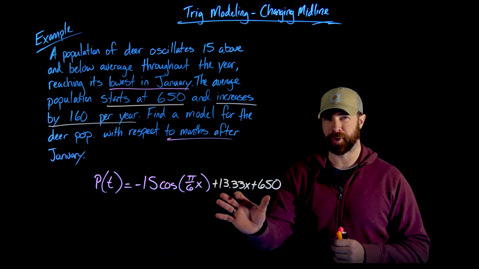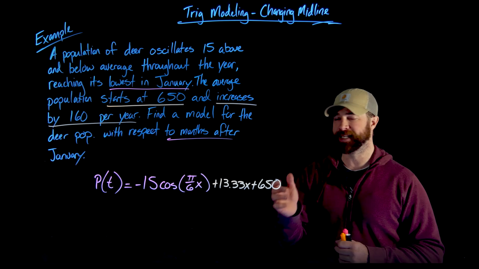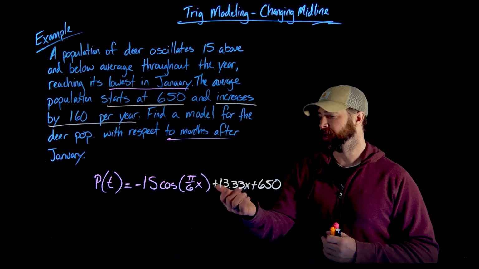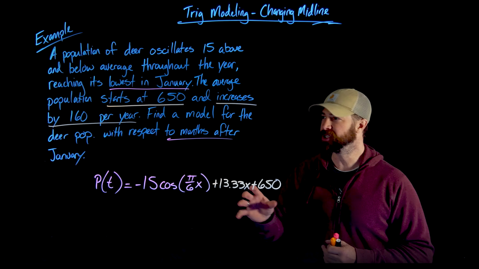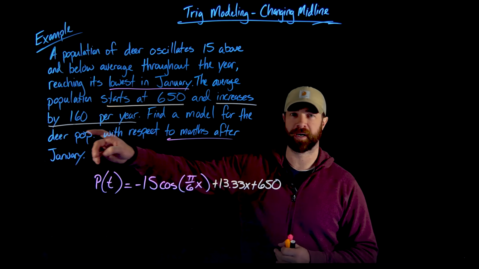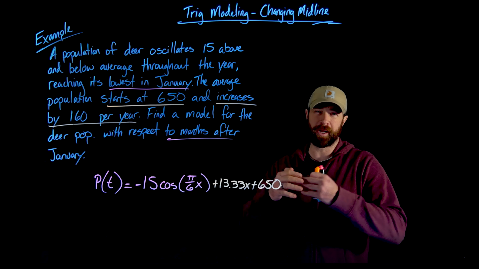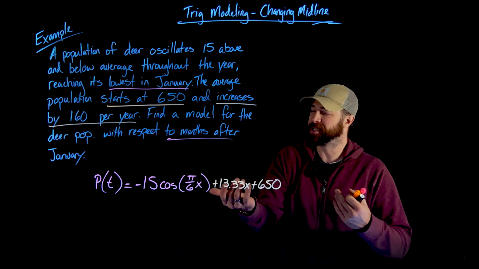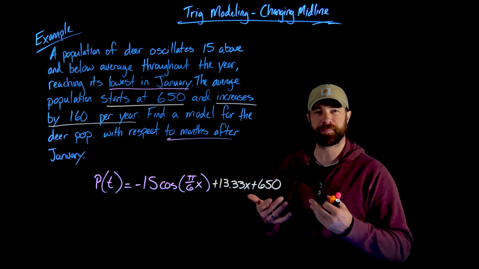And this was separate work. Again, the 650 is the starting point. It's the b value for this mx plus b. The 13.33 is just a revised version of the 160 right here. It's 160 per year, but our input is per month, so we need to define this slope in terms of per month.